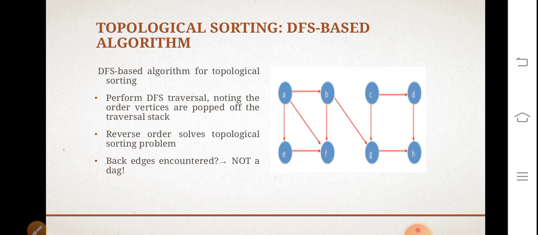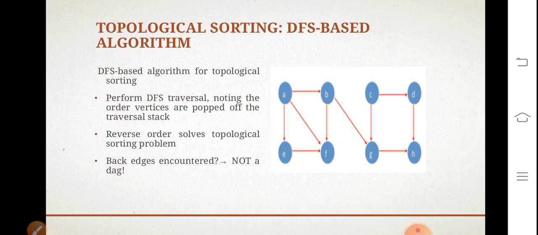Reverse order solves the topological sorting problem, and if back edges are encountered, then it is not a DAG.